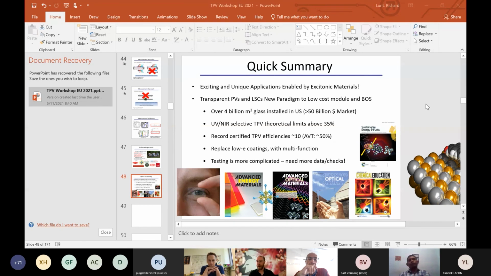We've already scaled our transparent PVs as well, and I think that all of the challenges to scaling are solvable. You have to figure out the transparent conducting oxide, or good electrodes, and good designs.